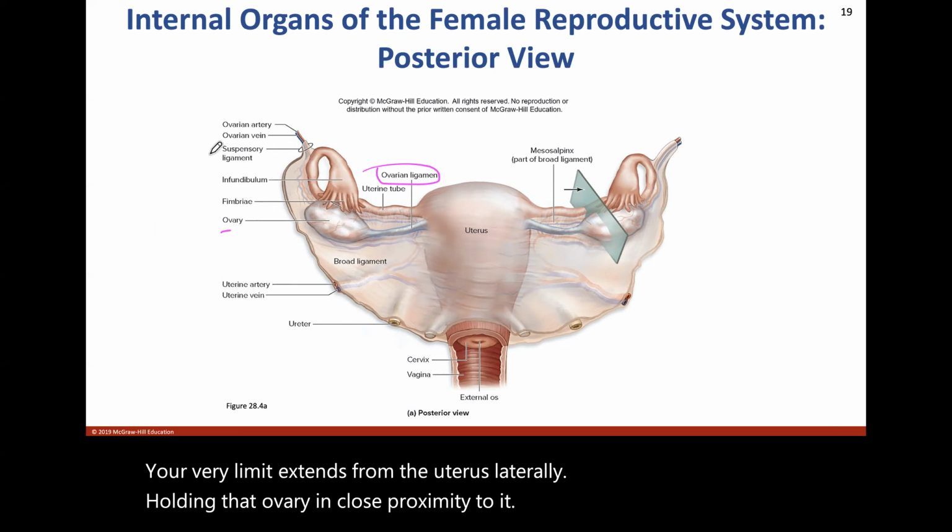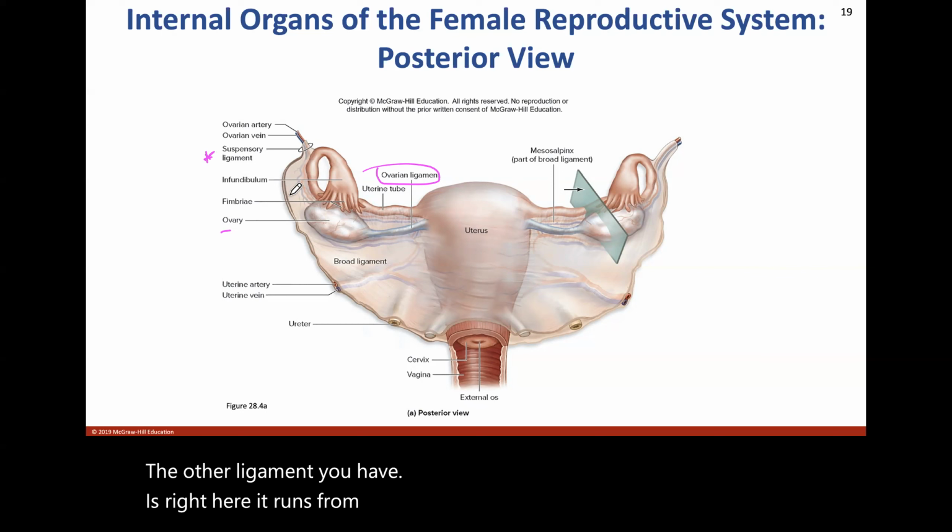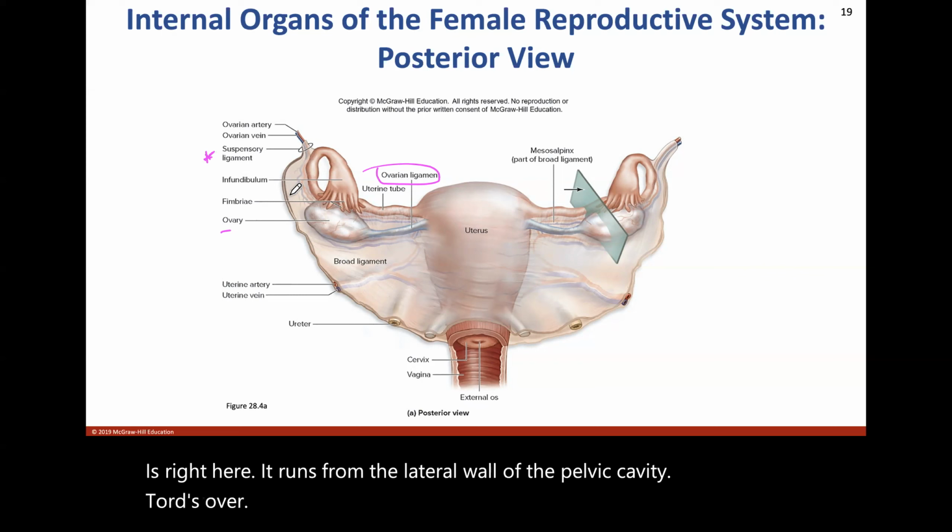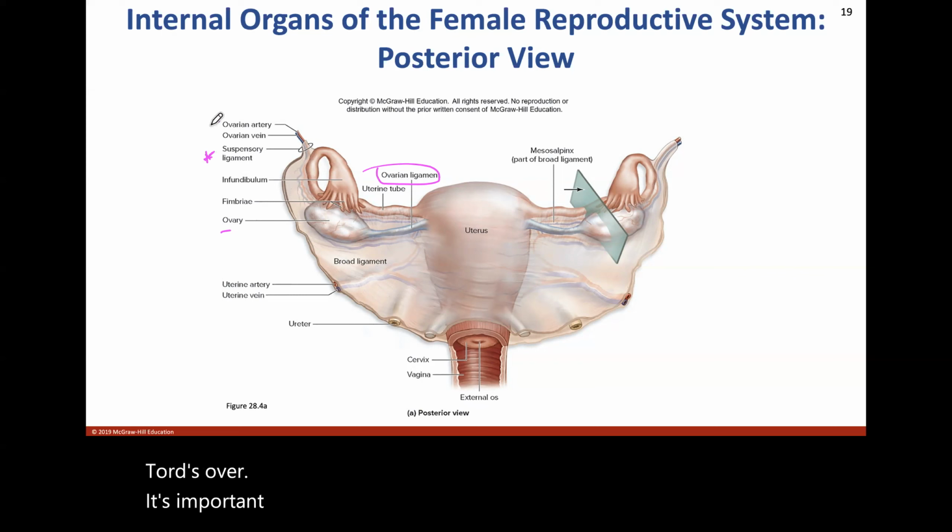The other ligament you have is right here. It runs from the lateral wall of the pelvic cavity towards the ovary. It's important because of what it carries in it.